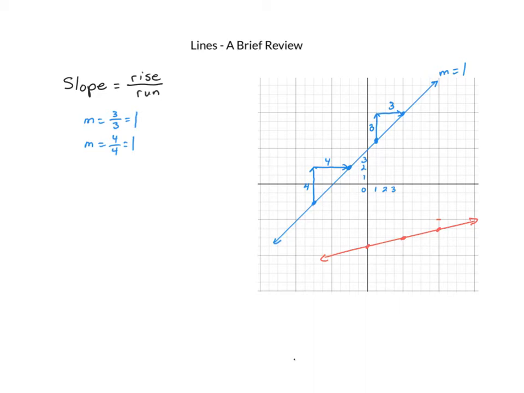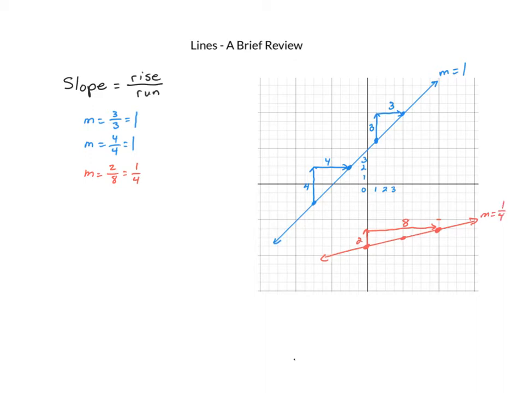Grab any 2 points and I'll use this first point and the third point that I drew. So to get from one point to the next, I would go up 2 units and over 8 units. So the slope of that line would be 2 over 8, which would reduce and give us 1 over 4. So the slope of this line is just 1/4.